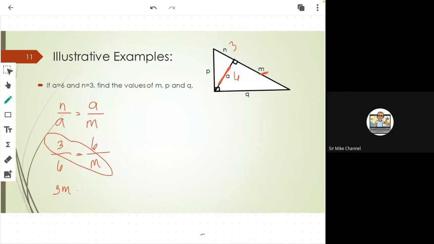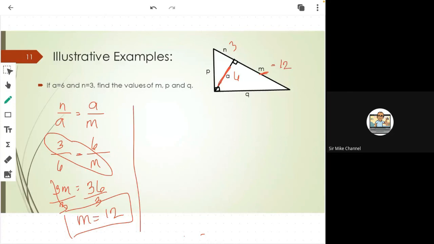And then, 6 times 6, we have 36. To get the value of M, divide natin both sides by 3. So, 3 divided by 3 is equal to 1, that is 1M or M. 36 divided by 3, meron tayo 12. So, the answer is 12. Okay, yung M natin ay 12.